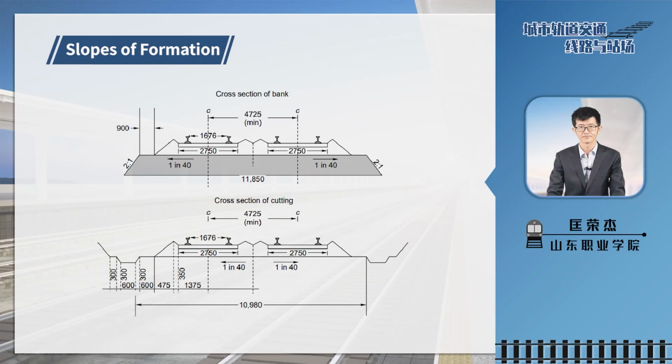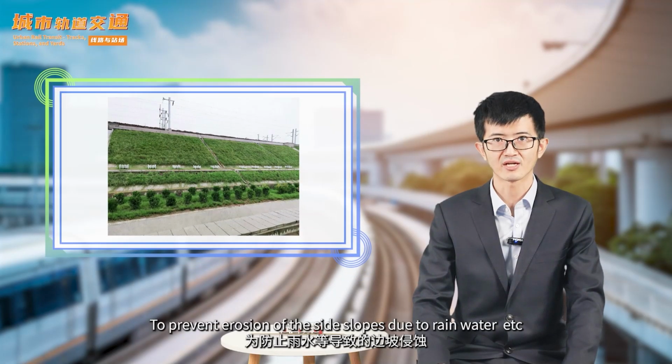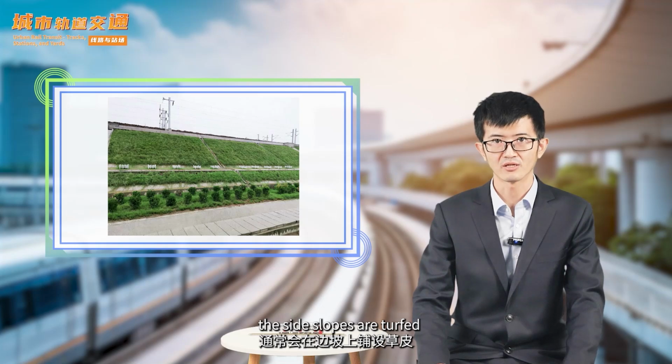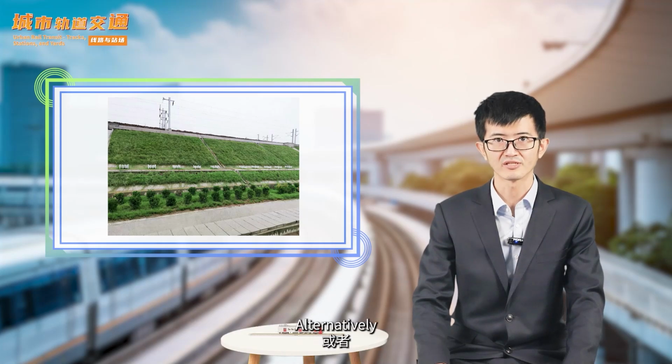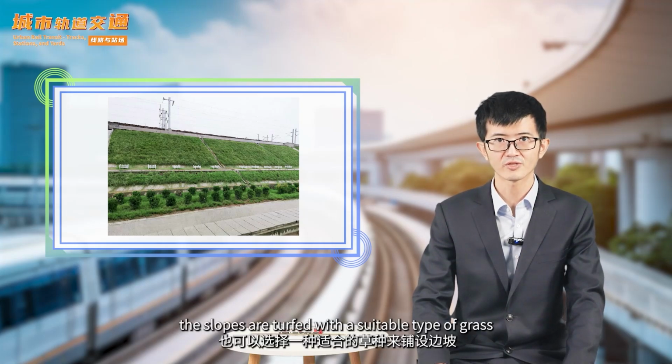To prevent erosion of the side slopes due to rainwater, etc., the side slopes are turfed. A thin layer of cohesive soil is used for this purpose. Alternatively, the slopes are turfed with a suitable type of grass.